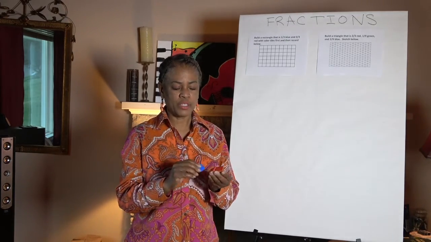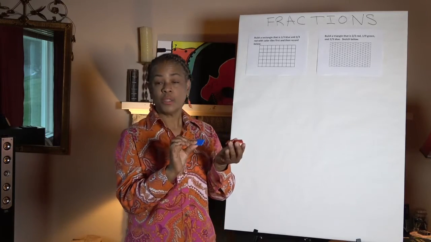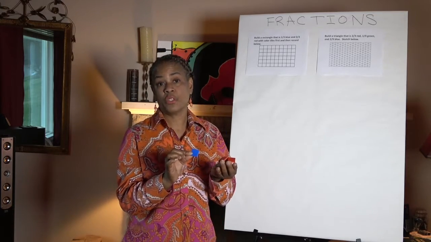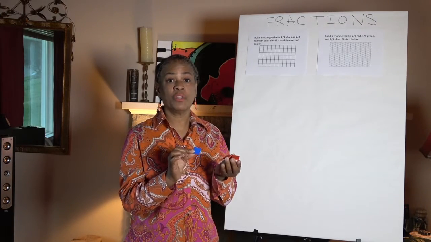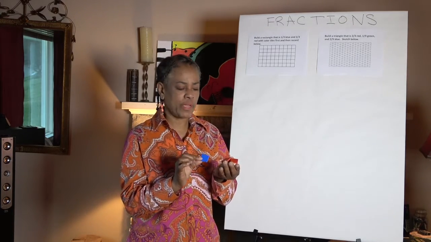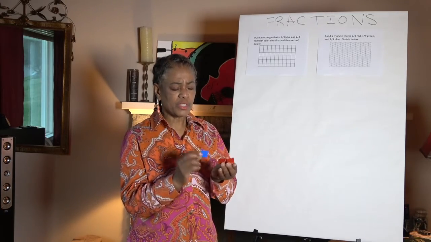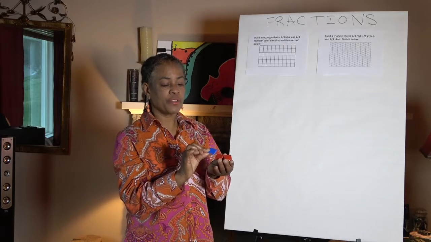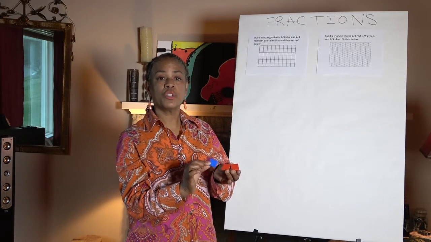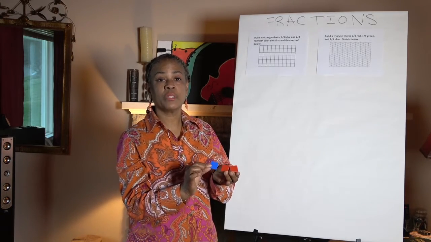I already took out 3 because I know I want thirds. Now students, when they're first learning this, won't know that. They might just be in the first or second grade. I'll say second grade. So I took out 3, and it says I want 1/3, 1 out of the 3 to be blue, and 2/3, 2 out of the 3 to be red.